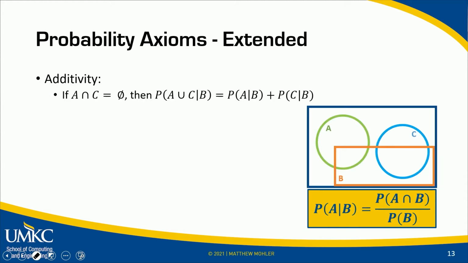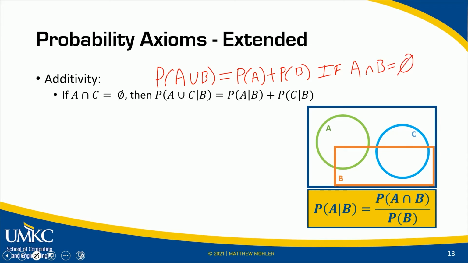Now, the last axiom that we'll look at in this section is that of additivity for conditional probabilities. You may recall from lecture 1 that the probability of A unioned with B was equal to the probability of A plus the probability of B only if the intersection of A and B was equal to the empty set.